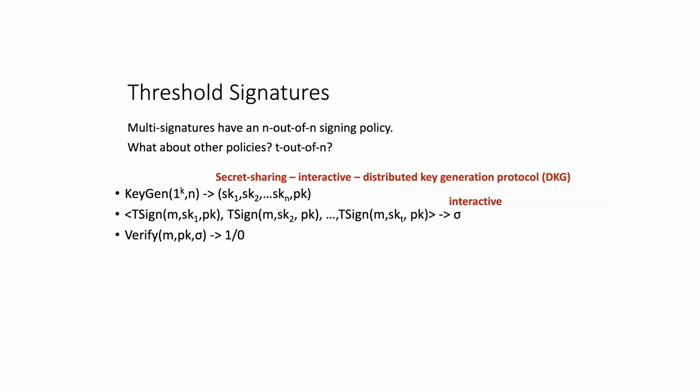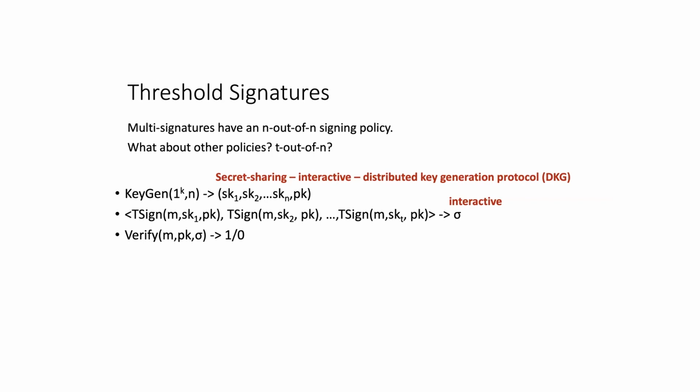That's why the key generation process in threshold signatures is actually a multi-party protocol. It's a protocol between all the n parties, in order to define a single public key that looks like a regular signing public key and all the shares of the secret keys. You might have heard this called the distributed key generation protocol.